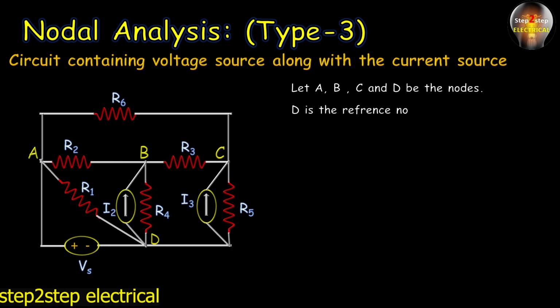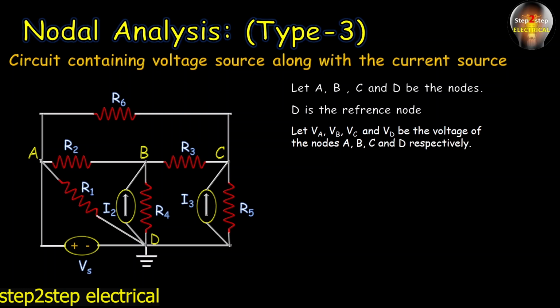Now we will consider D as the reference node, so let's ground it, and we will also assume VA, VB, VC and VD as the voltages of the nodes A, B, C and D respectively. Now one thing that you have to notice is that in type 1 and type 2 we had 4 nodes, but 3 nodes were unknown. And now just think, D is known here, that is VD is the reference node, so VD is equal to 0.